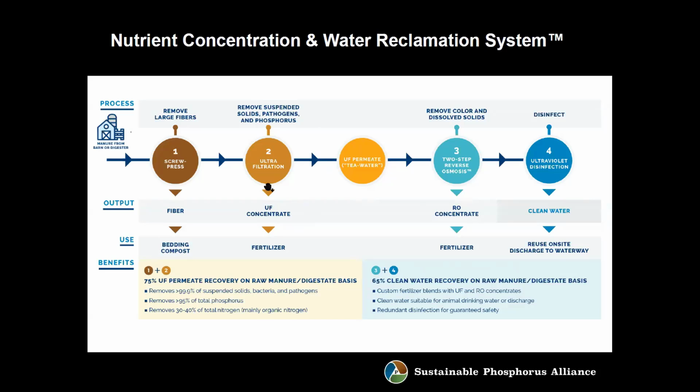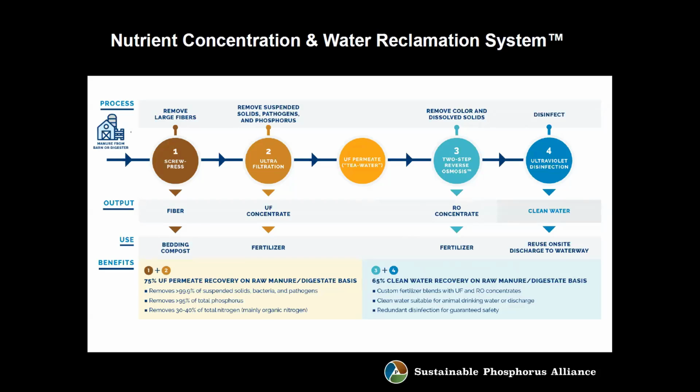As you'll see, the concentrate product is where about 90 to 95% of the phosphorus will remain, whereas the permeate product is a transparent, tea-colored liquid that has no pathogens, no suspended solids, and very, very little phosphorus. We can take that low solids permeate to another process, which we call 2-step reverse osmosis.